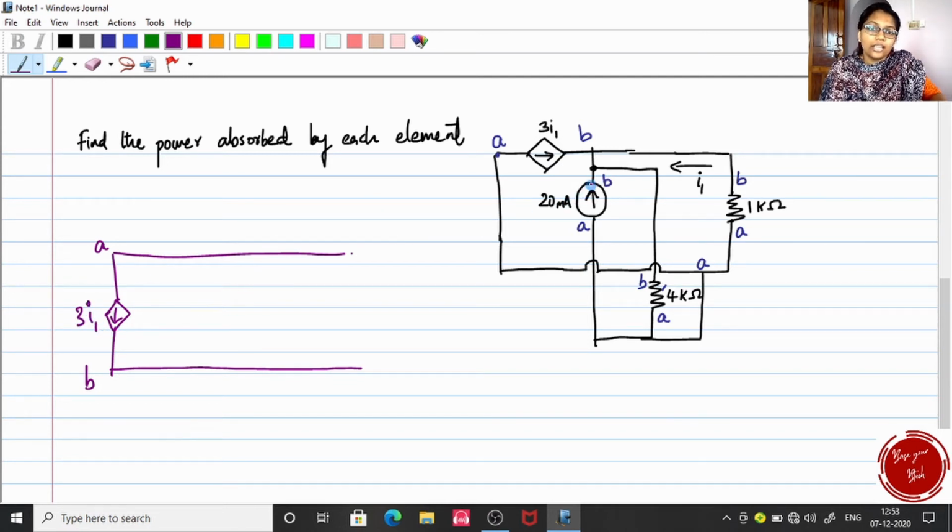Next, let's take any other element. Let's take this independent current source. Here it also says that the arrow head is from A to B. From A to B we have an independent current source. So it is 20 milliampere.